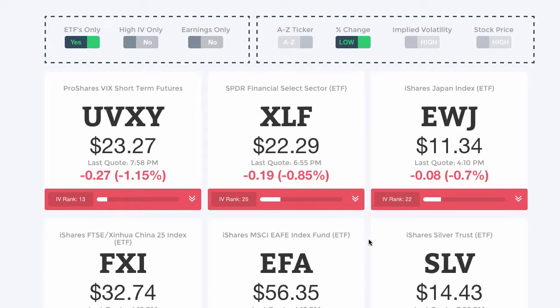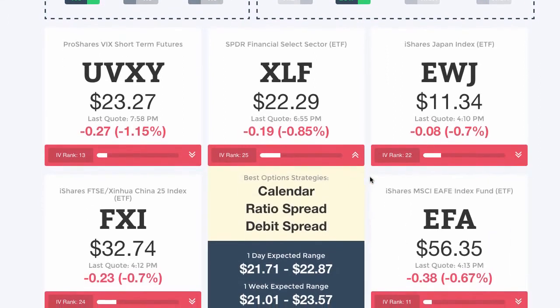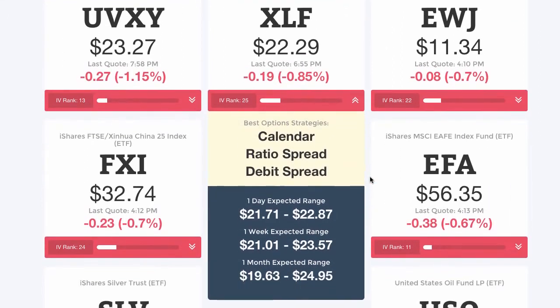So you might come in here and see that XLF has moved down about 85 basis points in the last day. That might be a good candidate for you to then continue to trade bearish. And again, based on implied volatility rank, the system automatically recognizes that if you're going to trade XLF, you should be doing it with a calendar spread or a ratio spread or a debit spread.